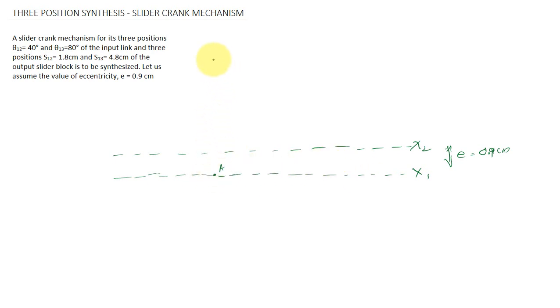Next you have to mark the vertical lines y1. Okay, so this is your line y1. So from this line you have to mark the line y2, which is at a distance of S12 by 2.